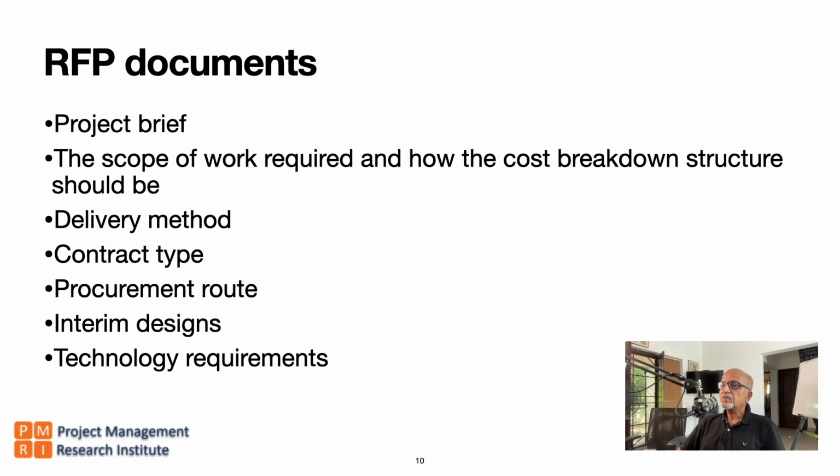Then request for proposal document: project brief, the scope of work required and how the cost breakdown structure should be, delivery method, contract type, procurement route, interim designs, and technology requirements. If these things are drafted properly, then we get comparable proposals and bids from different vendors and contractors.